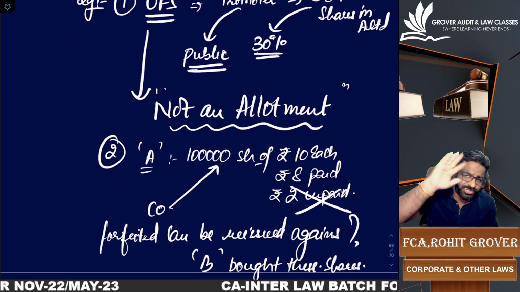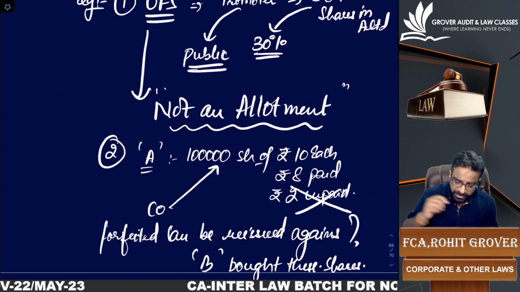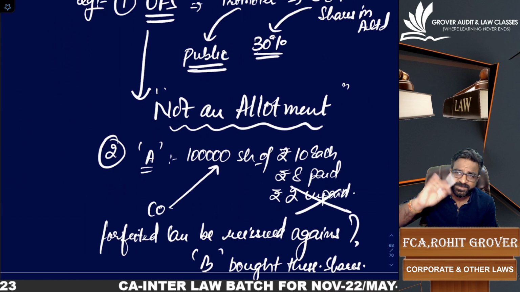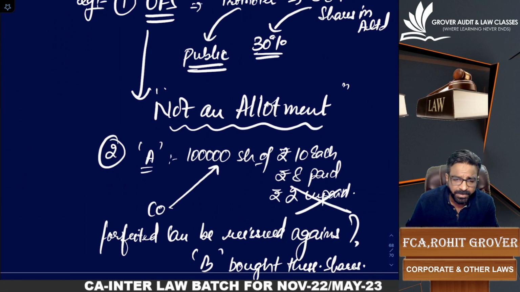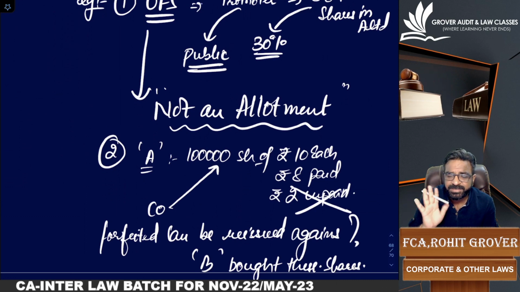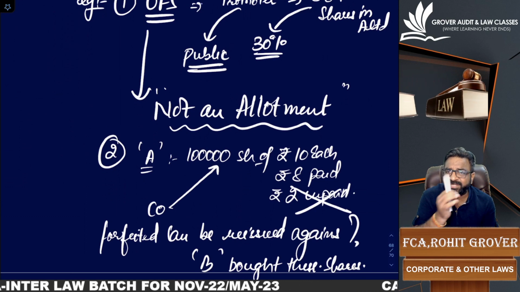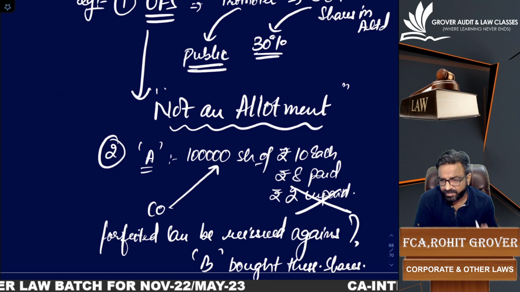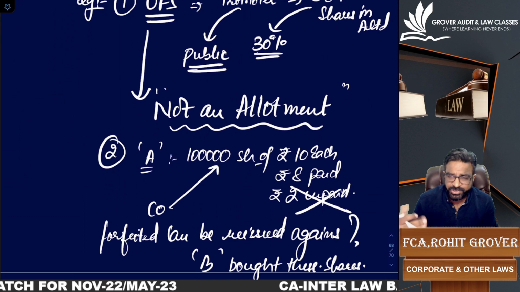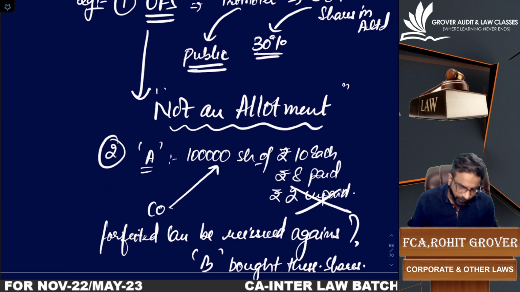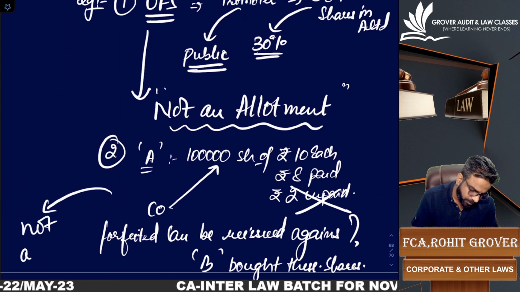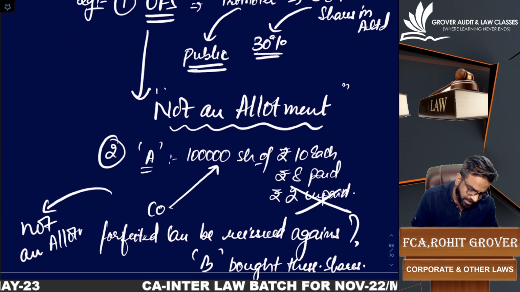They were already issued shares, already forfeited, which are reissued to Mr. B. Did the company's share capital increase or not? It did not increase. These 1 lakh shares were lying idle with the company after being forfeited, and were issued to B. So is it a fresh issue of capital? No, sir. So the reissue of forfeited shares is not an allotment.